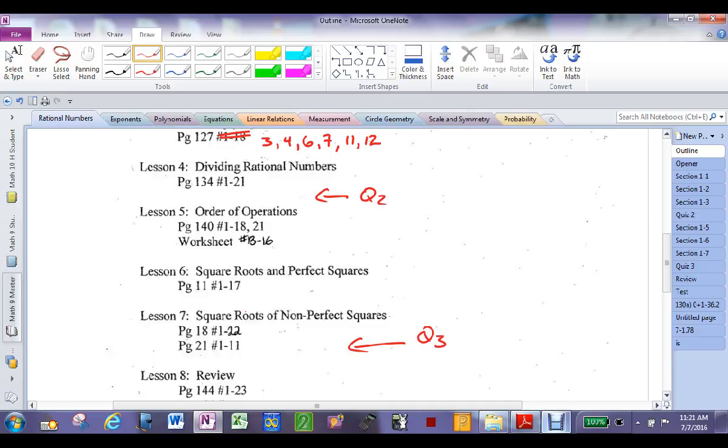So I want you doing on page 134: 3, 5, 9, 12, 21.